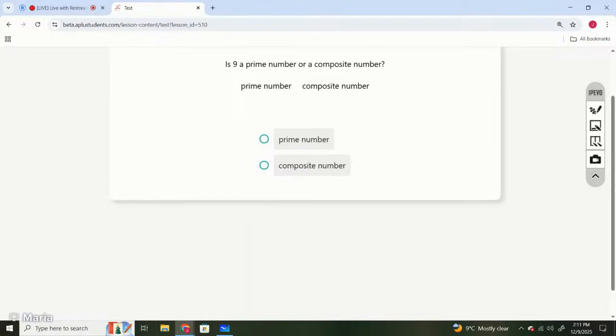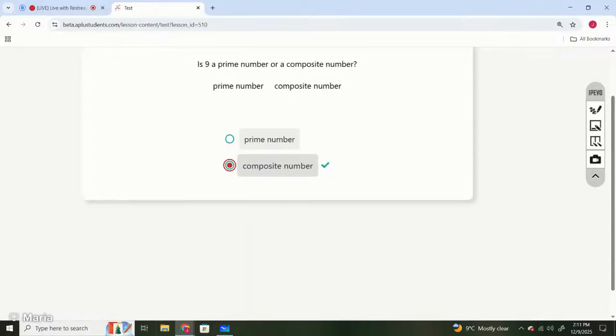9 is a composite number. Option 2 is the correct option.